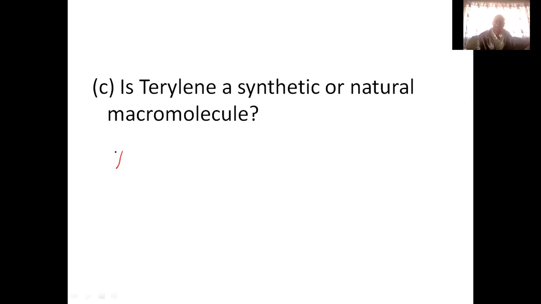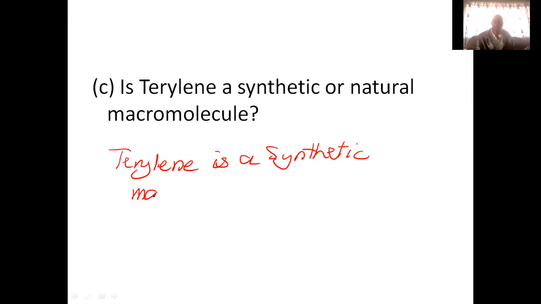Therefore, we are saying terylene is a synthetic macromolecule, meaning a big molecule, macromolecule. So terylene is a synthetic macromolecule. That one is done.